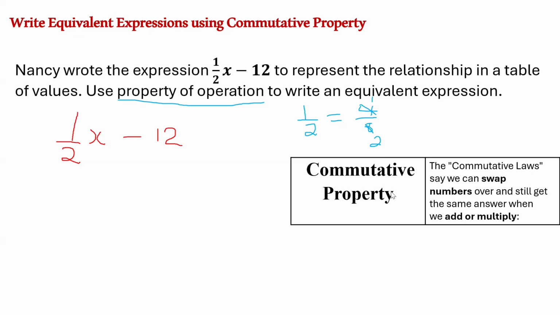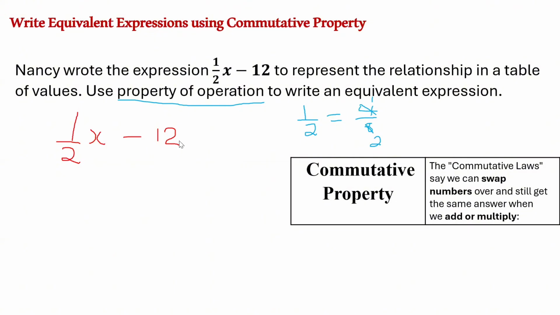All right. Also, we need to know what we mean by commutative property. So commutative property means that we can swap numbers over and still get the same answer when we add or multiply them. All right, so we are going to demonstrate that using this example. In our original expression that was given in the problem, it says 1/2 x minus 12.